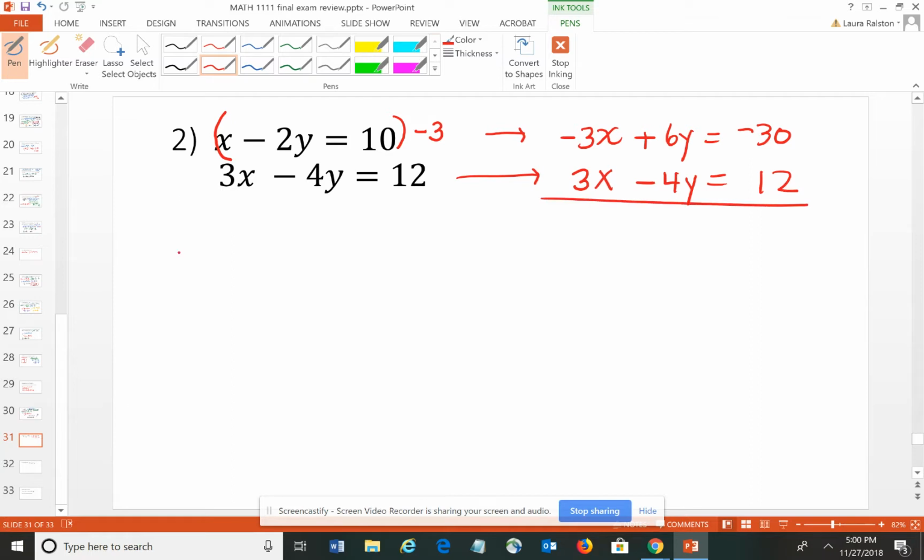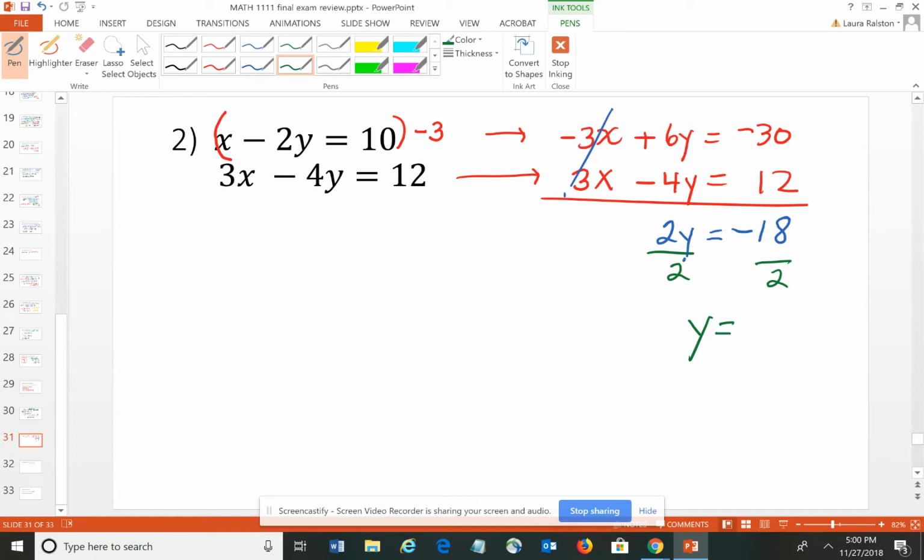Minus 3x plus 3x goes to 0. 6y minus 4y is 2y. Negative 30 plus 12 is negative 18. I'm going to divide both sides by 2.